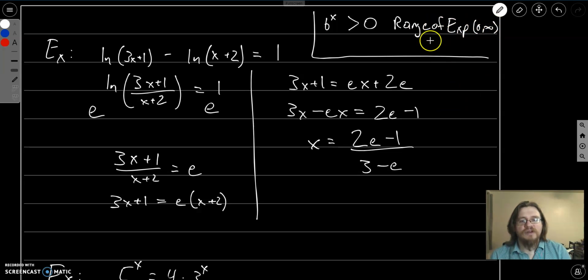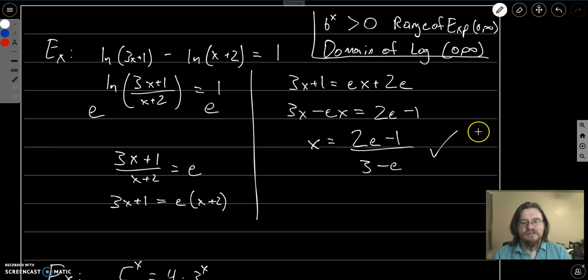So we can only get positive numbers from an exponential. And since logarithms are the inverse of an exponential, we can only plug into a logarithm what we can get out in an exponential. So the domain of a logarithm is going to be from 0 to infinity. So this is in fact a positive number, so we are good to go. We can plug this into our logarithm.